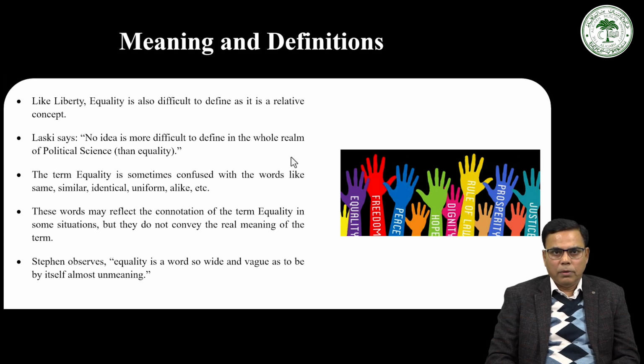For example, a disabled person and a healthy person cannot be compared while providing certain kinds of benefits to the disabled person. Similarly, you cannot say identical treatment. For example, if there is a sports event, it doesn't mean that men and women will compete together because equality of men and women means identical treatment.